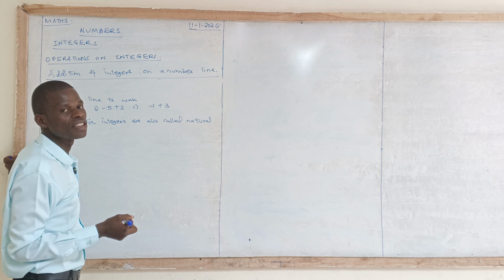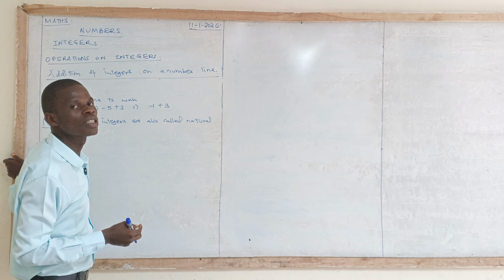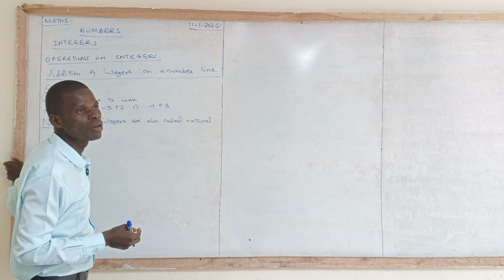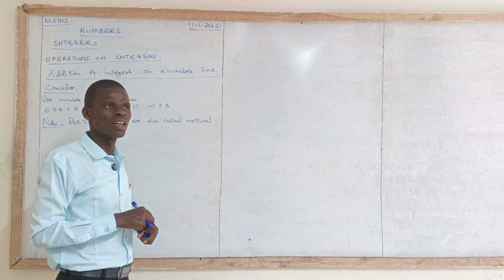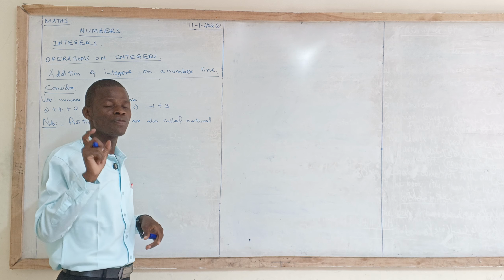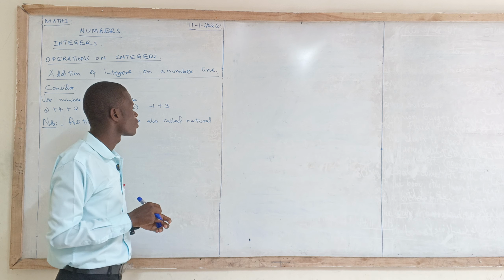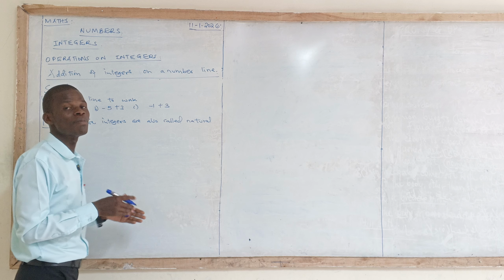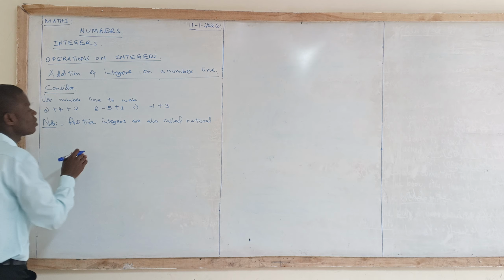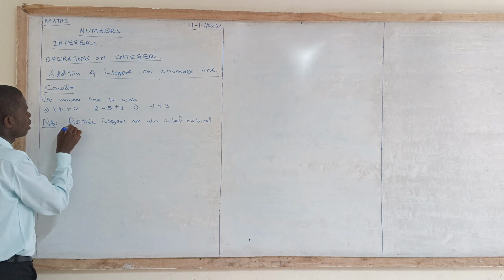Give me 50 shillings. Are you only saying give me positive 50? No. But if you say give me negative 50, you're not making sense. So you see, 50 is positive. It means that you need 50 shillings. So we call them natural numbers. Positive integers are also called natural numbers.